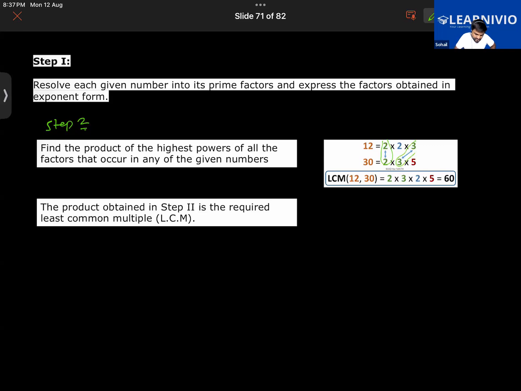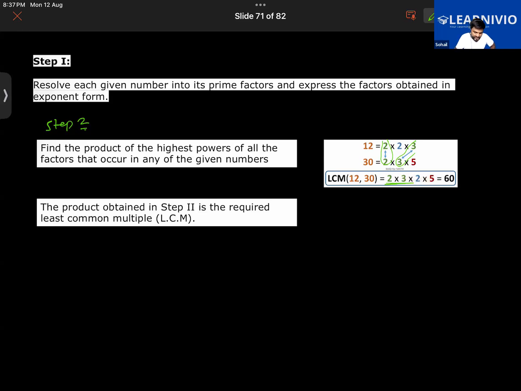So write them down as follows. Apart from this, the non-common factors, namely 2 and 5, multiply them as well. So you will take the common prime factors and multiply the remaining factors also. And then the final answer is 60. So the product obtained over here becomes the LCM of the given numbers.